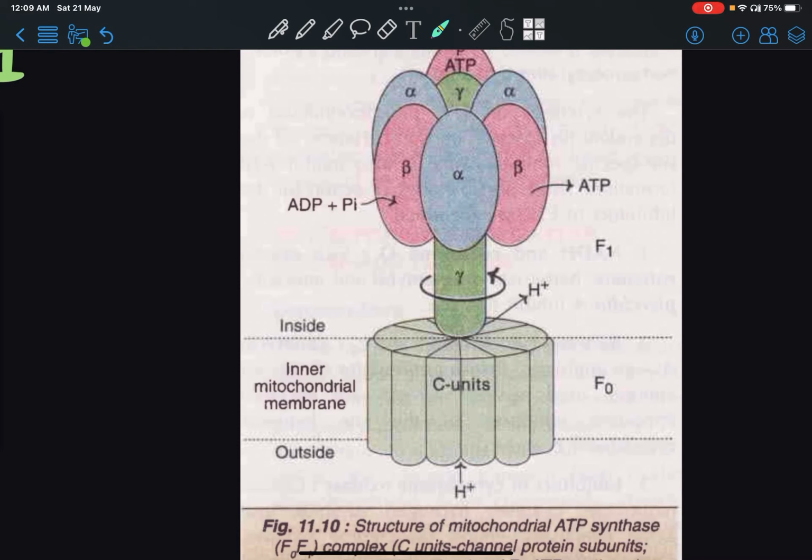The breakdown of the gradient provides enough energy to cause a conformational change or rotatory change in the CF1 particle of the ATP synthase, which makes the enzyme synthesize several molecules of energy-packed ATP. To give you one point which is out of NCERT, with one rotation there are 3 ATP that are produced. So you can also say several molecules as mentioned in the NCERT.